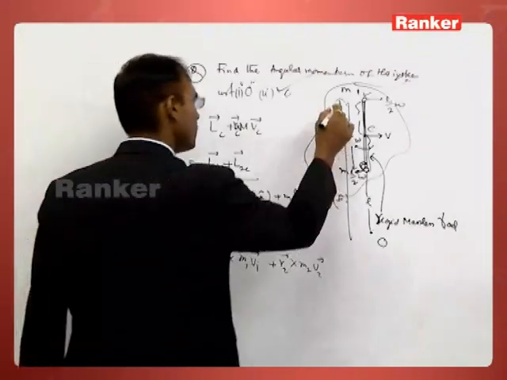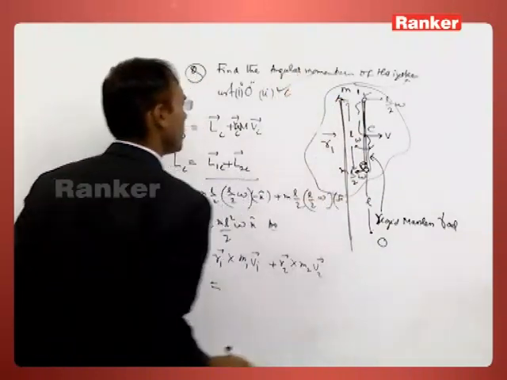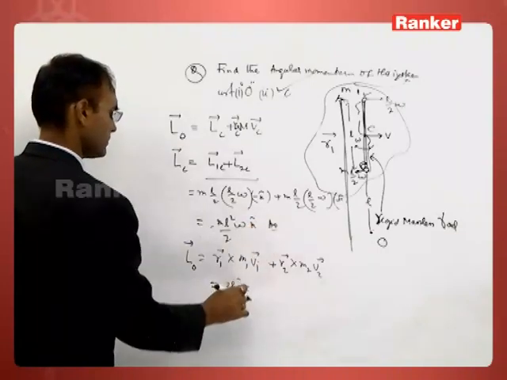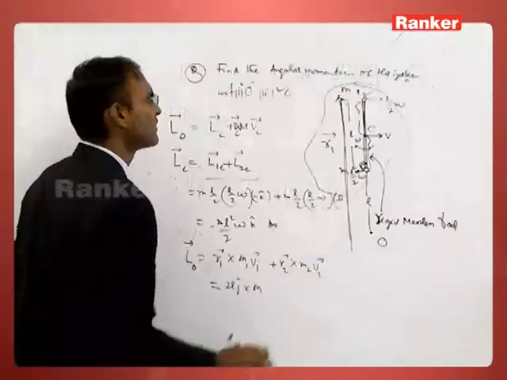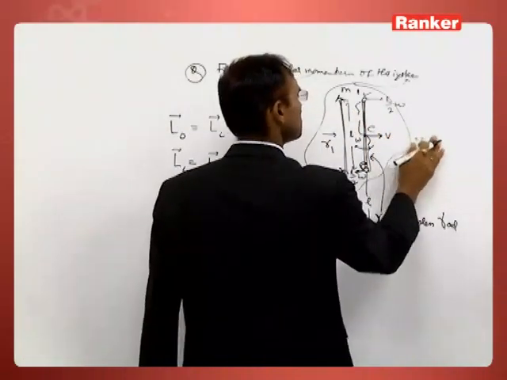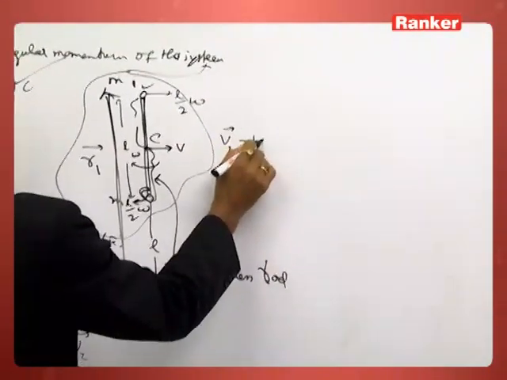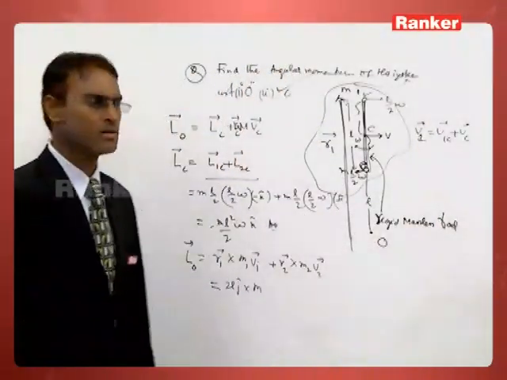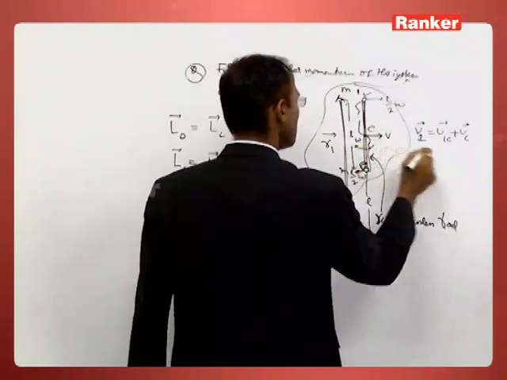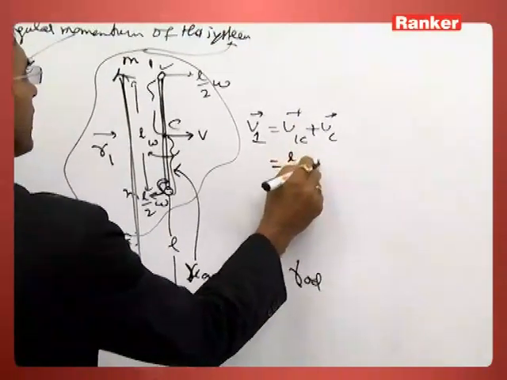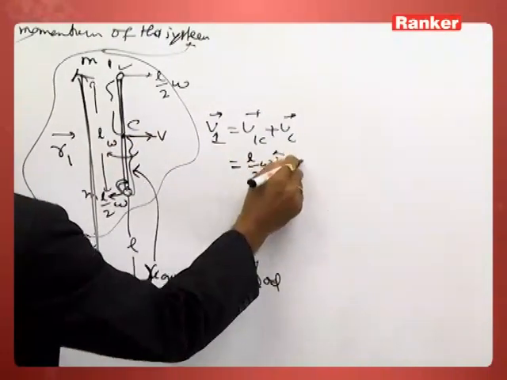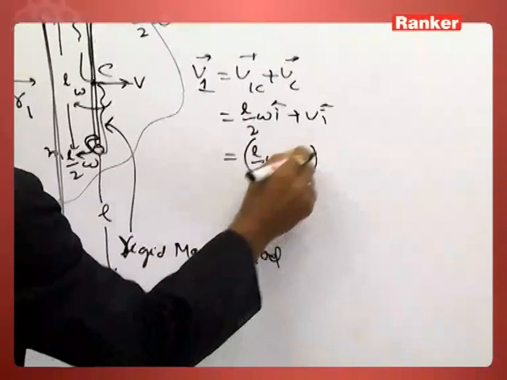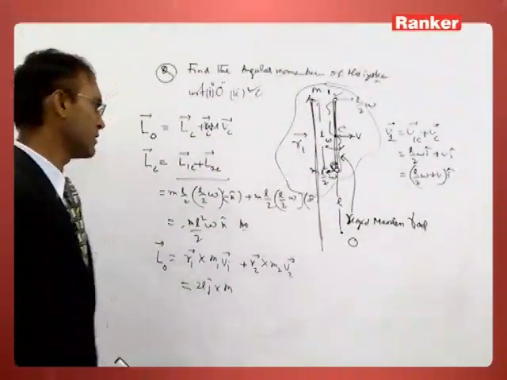R1 is equal to L plus L by 2, in j cap, cross M, and its velocity V1 is equal to V1C plus Vc. Velocity of 1 with respect to C is equal to L by 2 into omega i cap, and Vc is equal to V i cap. So L by 2 omega plus V, using the kinematical ideas of rigid body.